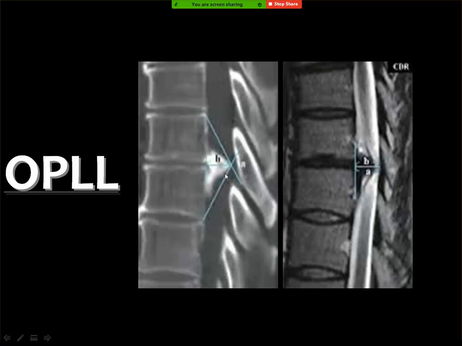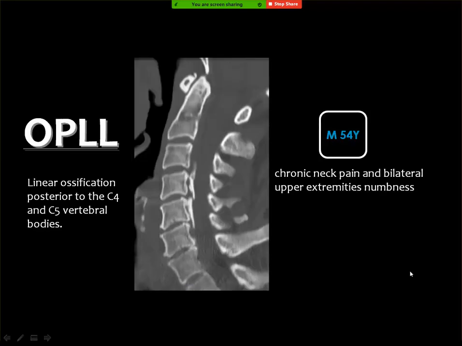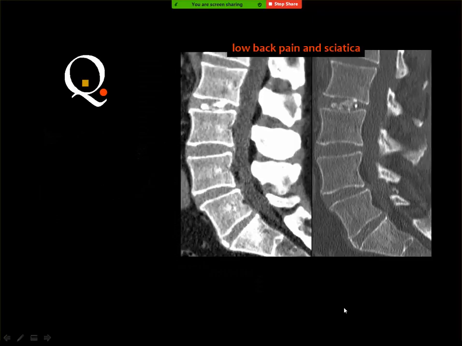If I see that this is an intradural lesion, I will say this is a calcified meningioma. But you should remember that this appearance is one of the types of ossification of the posterior longitudinal ligament. And this is another appearance of the segmental type of ossification of the posterior longitudinal ligament. Then what do you think of this?